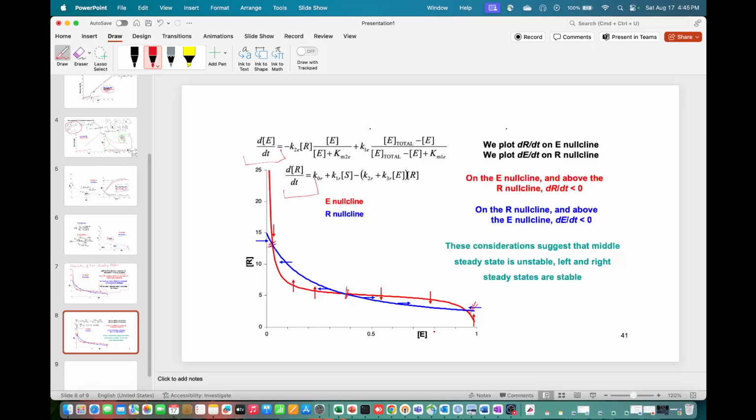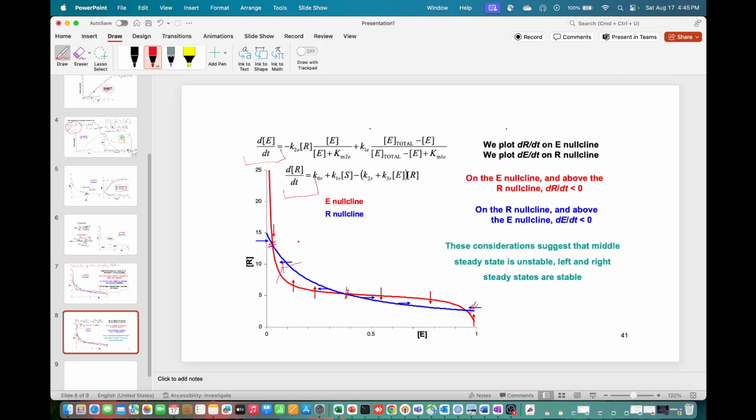Now try to guess if the steady states are stable or unstable. At this steady state, if you're moving from here, it'll bring you down to here, and if you're moving from here, it'll bring you up to here. So the first steady state, this part, is pulling you in.